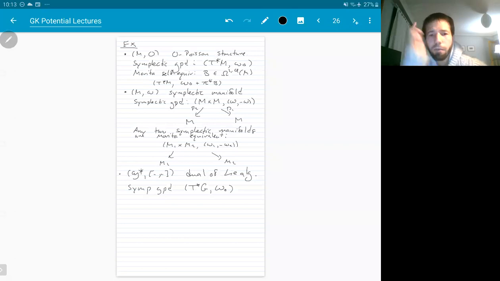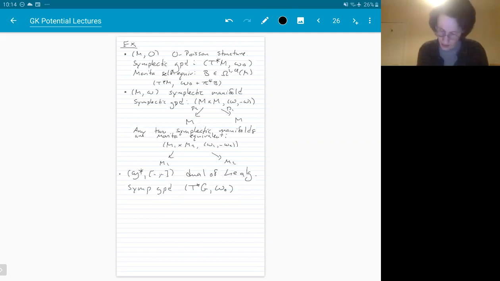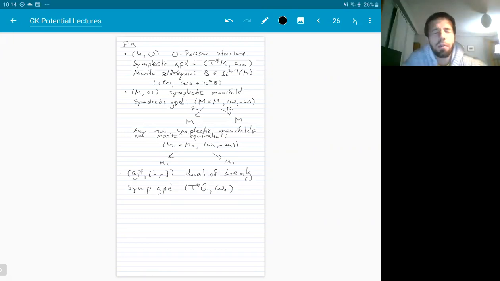How does this fact that any two symplectic manifolds are Morita equivalent fit with your comment before that if you have two Morita equivalent Poisson manifolds, then the functions on the space of symplectic leaves get identified? Yeah. So in this case, there's only a single symplectic leaf. So the Casimir functions are trivial. They're just constant. Oh, okay. Yeah. Thanks.